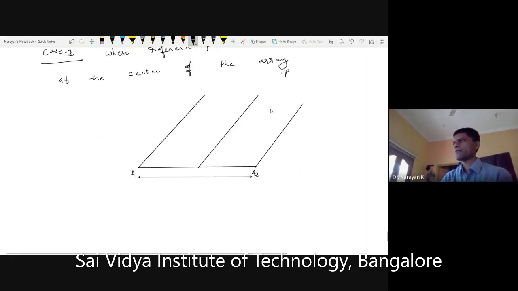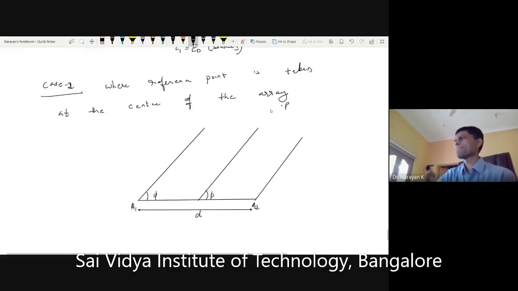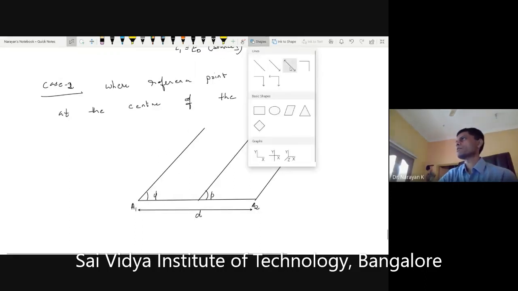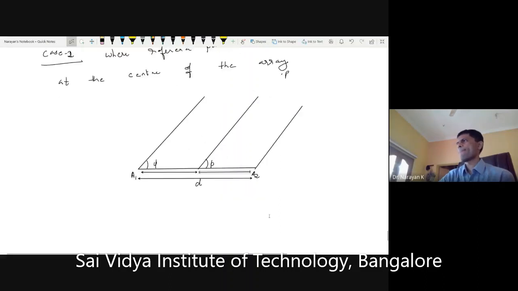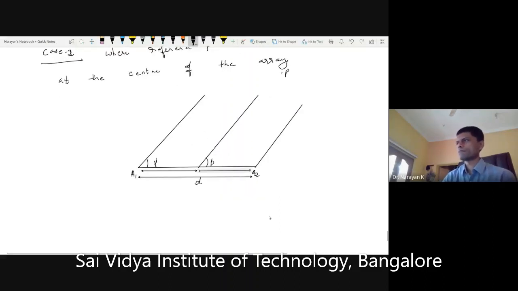So this angle, if it is psi, this angle will also be psi. This is your total distance D. D by 2, D by 2.